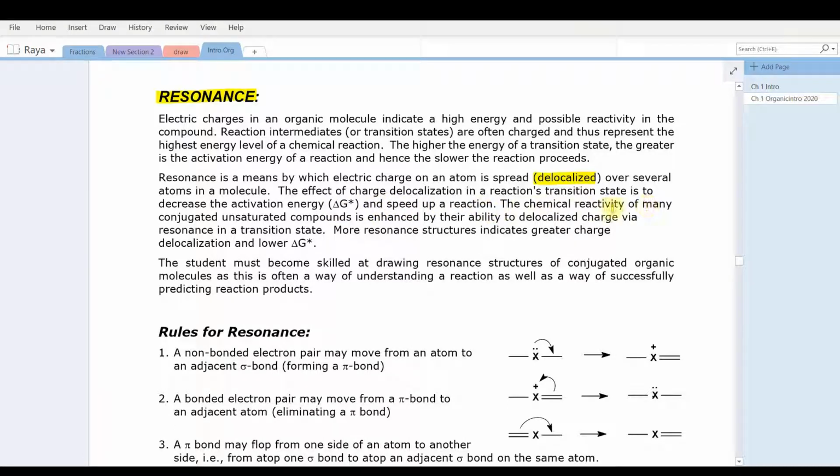So the chemical reactivity of many conjugated unsaturated compounds is enhanced by their ability to delocalize charge via resonance in a transition state. The more resonance structures you can draw, the greater the charge delocalization and the lower the energy hill. And so you, as a student, need to become skilled at drawing resonance structures of organic molecules. And you know what? It's a way of understanding how a reaction works and successfully predicting the products.